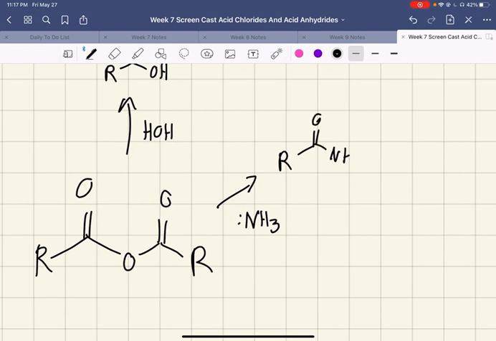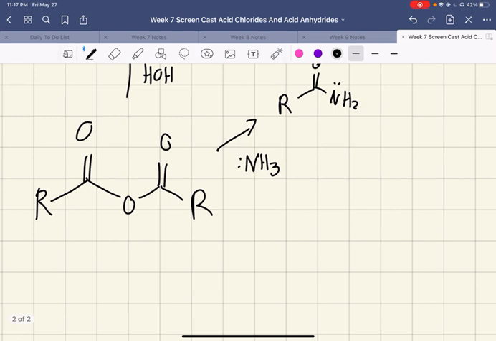Now if we use a secondary amine reagent, this will yield a secondary amide.